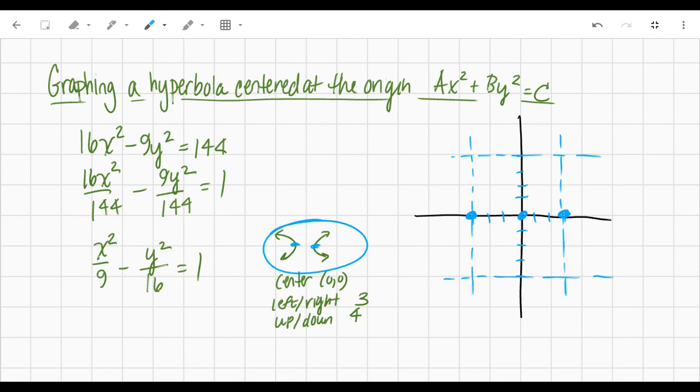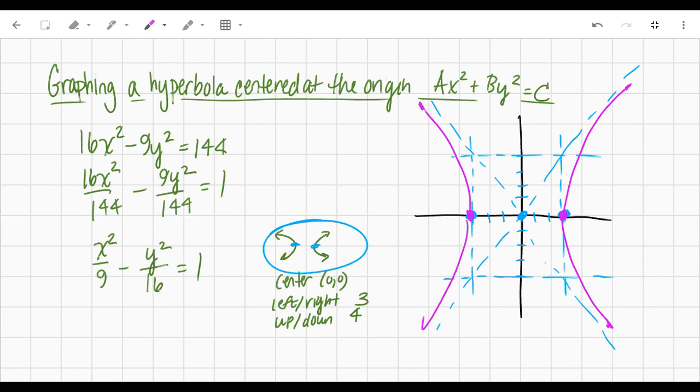Okay, at 3, 0, negative 3, 0, we can connect our corners to get our asymptotes. Okay, and then we're ready to draw it in. So go through this point, hug the asymptotes, this point, hug the asymptotes. Okay.